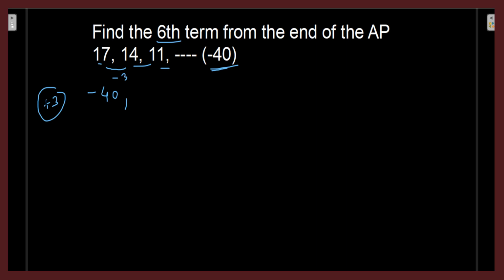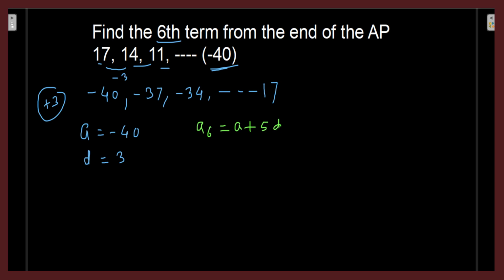So minus 40 plus 3, that will be minus 37. Then minus 37 plus 3, that will be minus 34. And so on, and the first term will be the last term. Now here a is equal to minus 40 and common difference d is equal to 3. And now we have to find the sixth term, that is a6, which is given by a plus 5d.